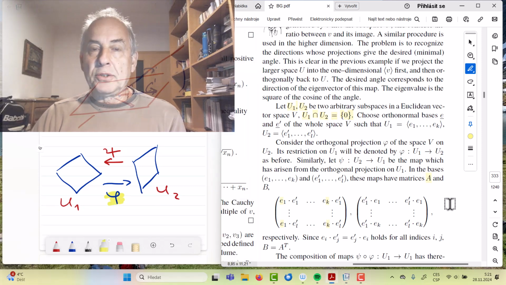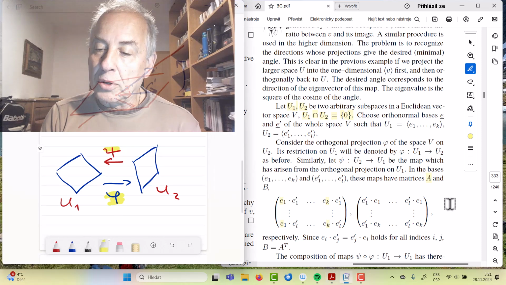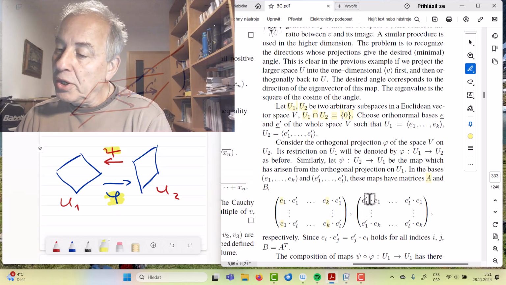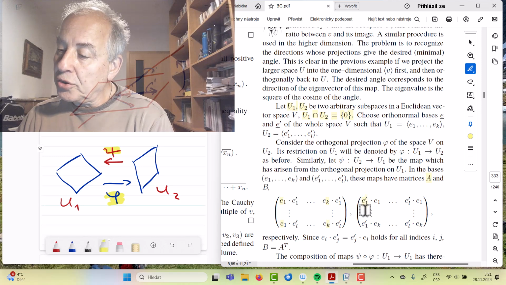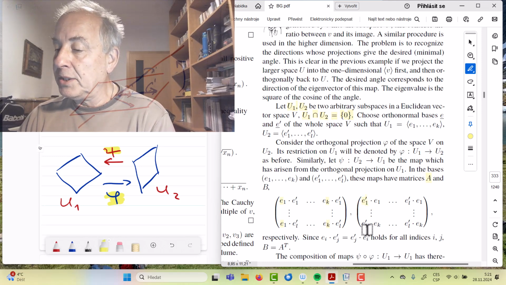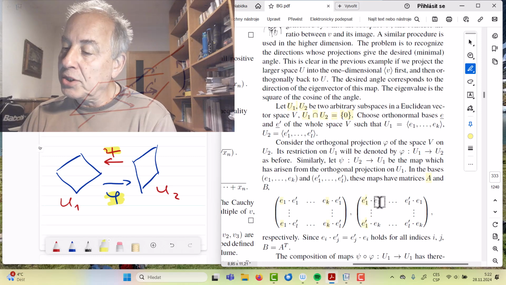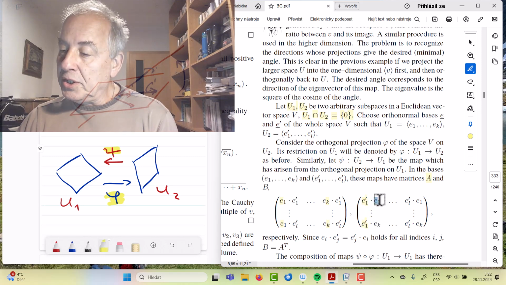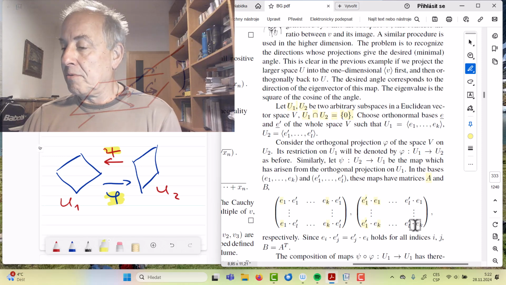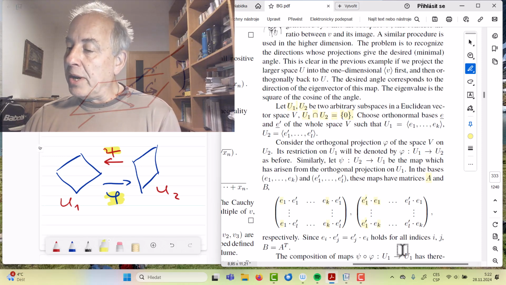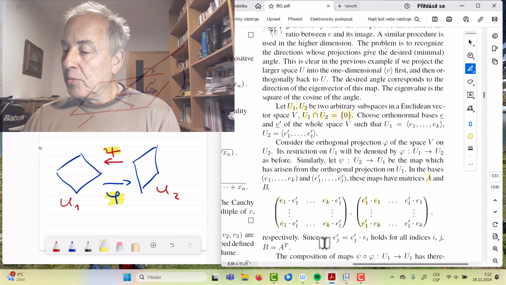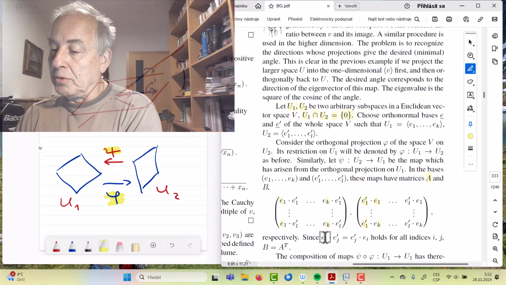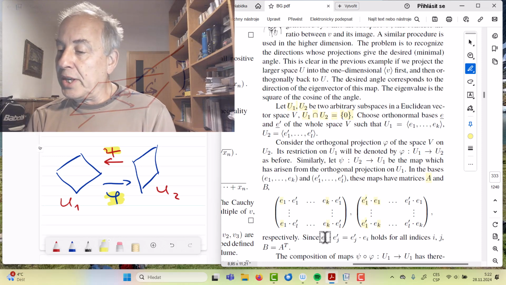Right, and how does the psi look like? Well, that's the same thing, except we take the E dash elements from the base and we take the scalar products with the original base from the U1, the E's. Right? And looking at the matrices, we see that they are different only in the order of what's the dashed ones, what the not dashed ones.